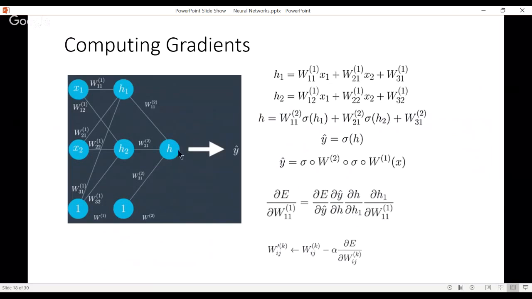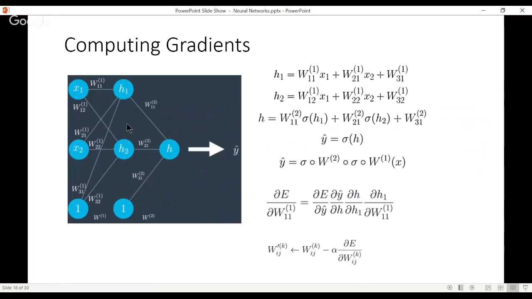So in this example, let's start from H. H is a linear combination of sigmoid of H1 plus sigmoid of H2 and W31. So these weights are used to compute a linear combination of the outputs from these two nodes, and the bias.